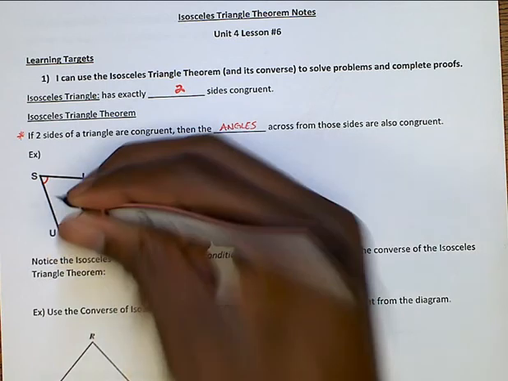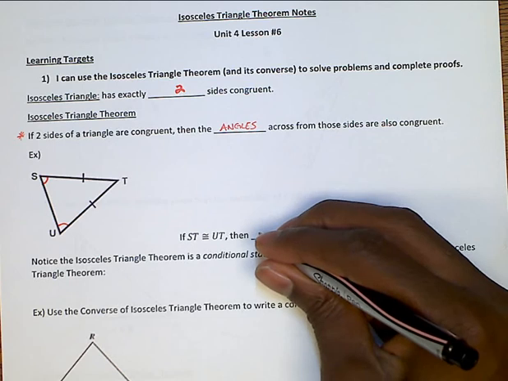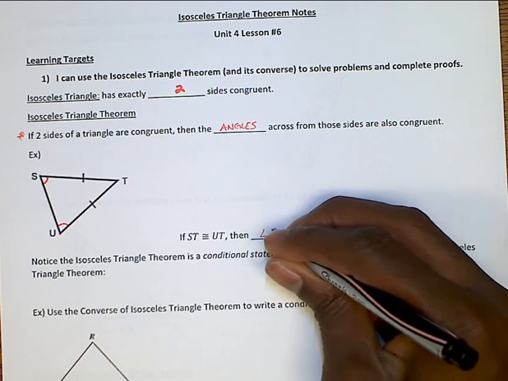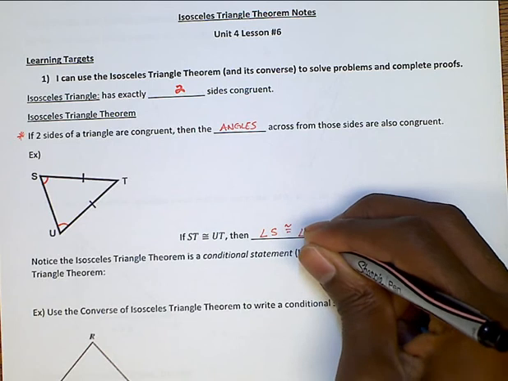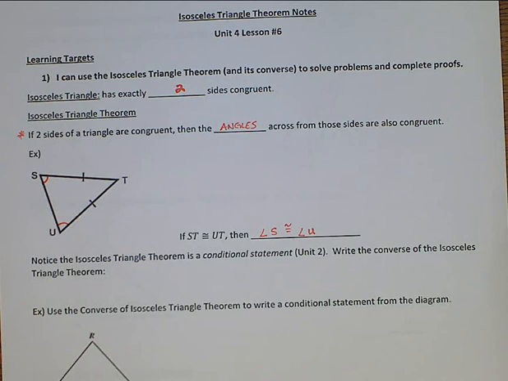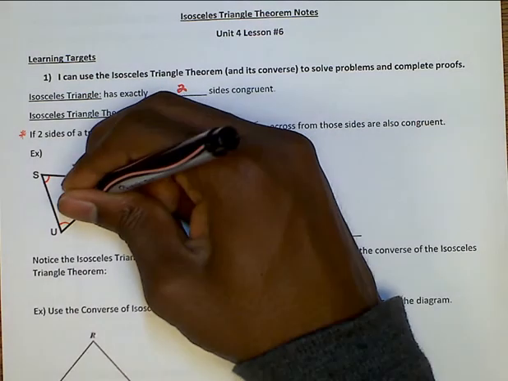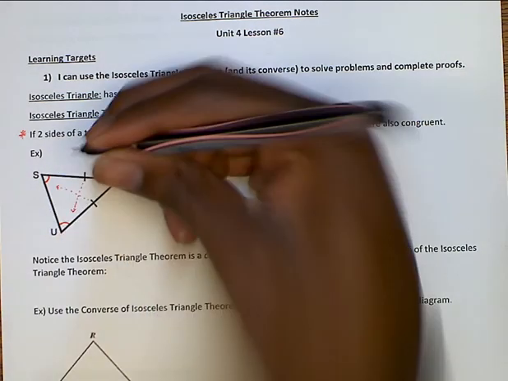So if ST is congruent to UT, as it shows in the diagram, then angle S is congruent to angle U. That should be easy enough. If you have any trouble with it, the markings point to the angles that should be congruent.